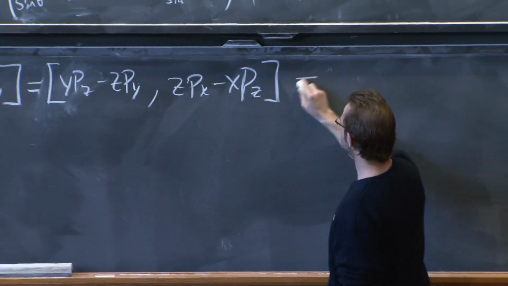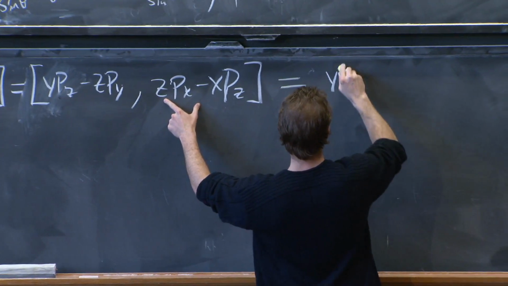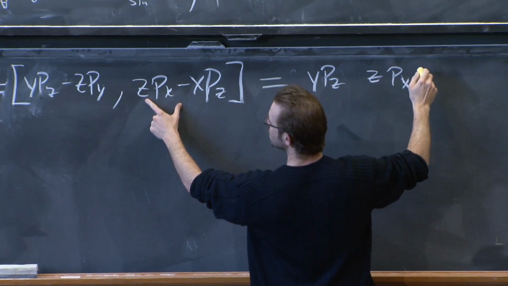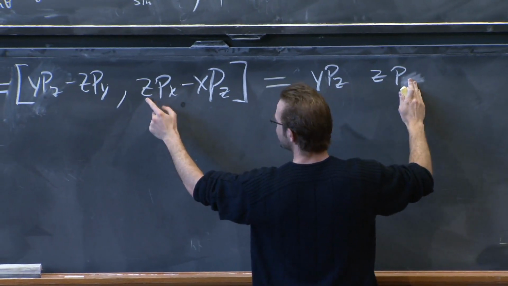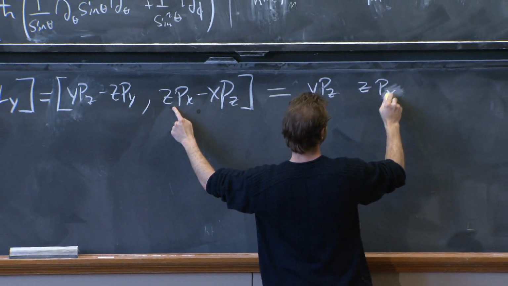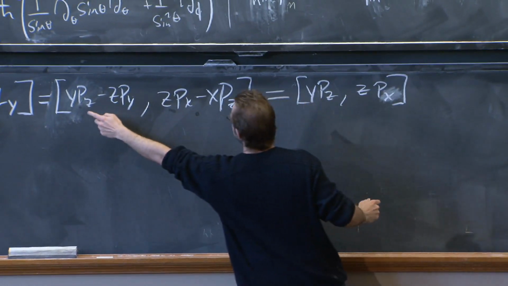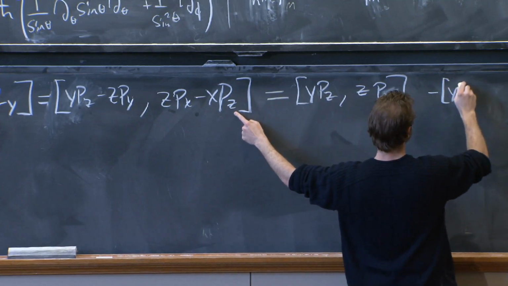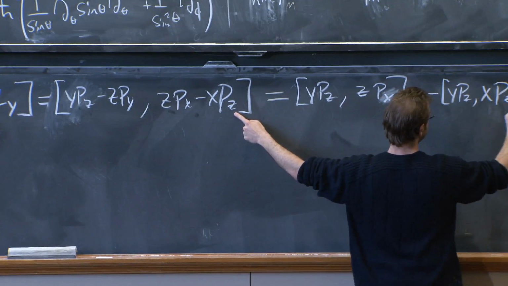OK, so let's look at these term by term. The first one is y pz with z px. Oops, sorry, that's the first commutator. The second commutator is going to be y pz with x pz, minus y pz with x pz.